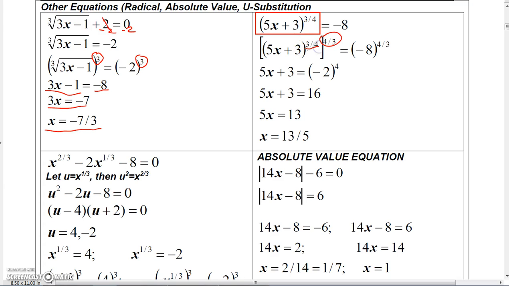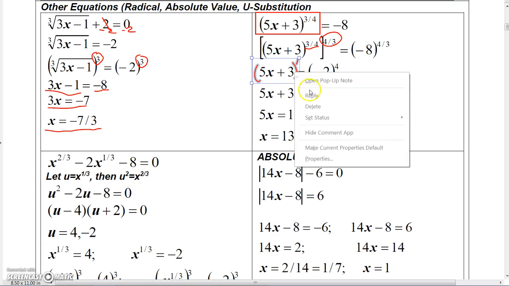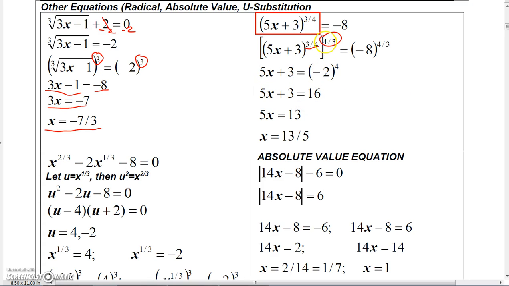Now why? Well, because when you raise something to a power and then raise it to another power, you multiply the two powers, and what happens if you multiply 3/4 times 4/3? Well, 3/4 times 4/3 is just 1, so you just get 5x plus 3 to the first power, which is just 5x plus 3. So that's why we want to raise it to the 4/3.